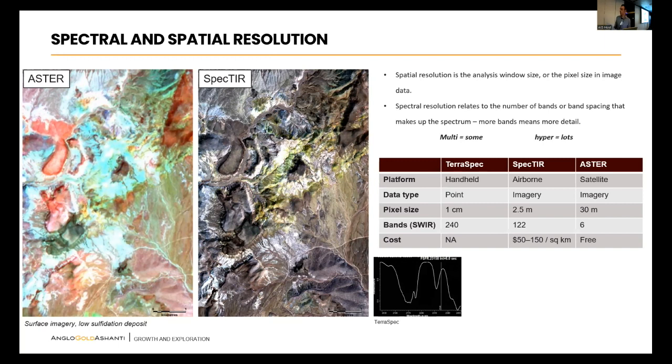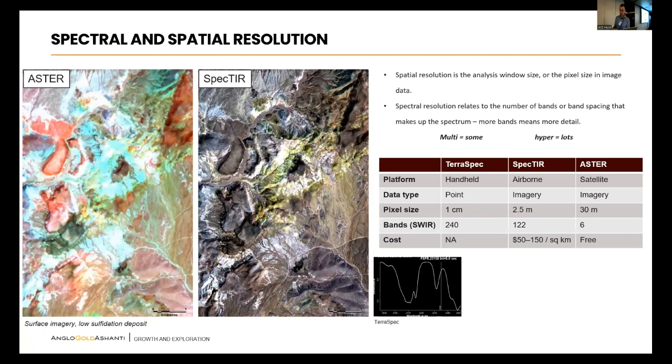You can easily visualize the difference in the spatial resolution of these two images, but we also need to consider the spectral resolution. Across the SWIR, you can see in the table, Terraspec has 240 bands, SpecTIR has 122 bands, and ASTER has just 6.